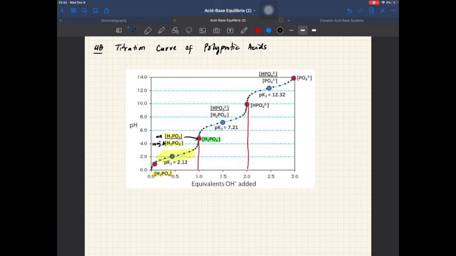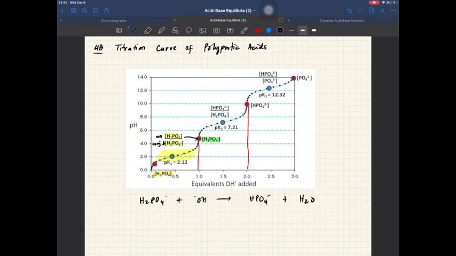As more moles of hydroxide are added, this dihydrogen phosphate would be reacted further by hydroxide to produce hydrogen phosphate ion and water.